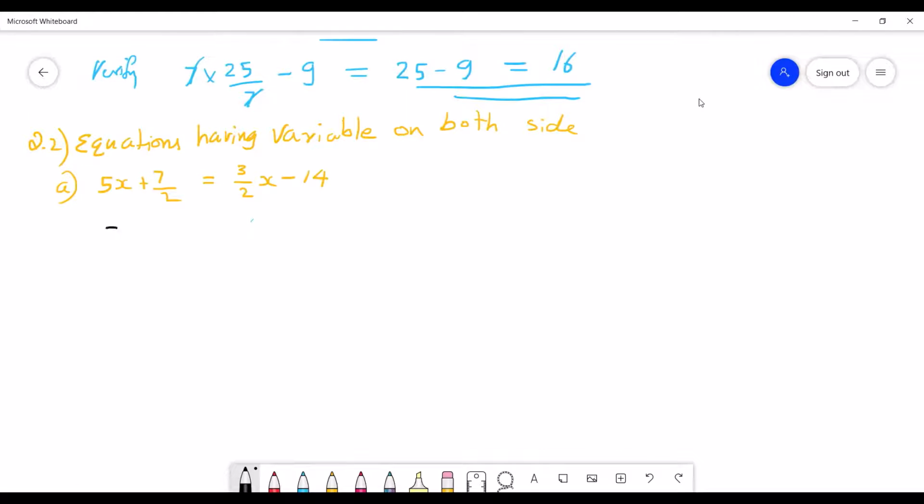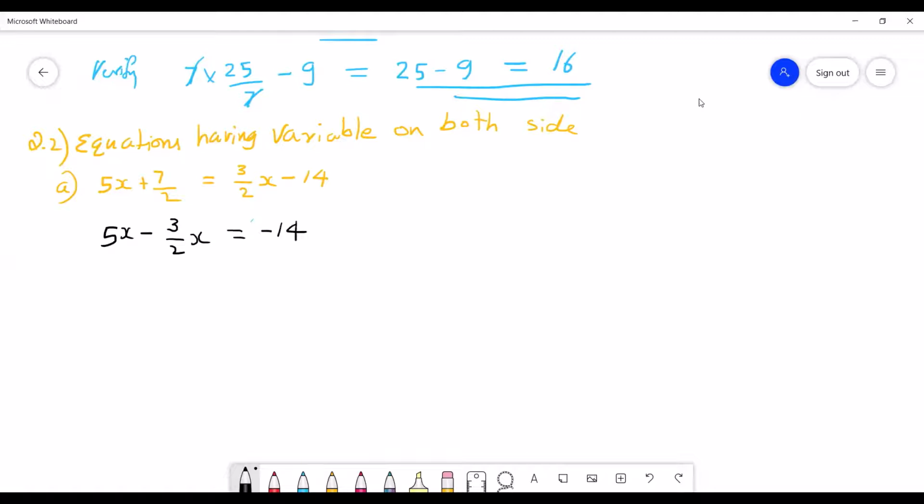So here we are having 5x, and in the right hand side we are having 3 by 2x. So 3 by 2x is plus here. When it comes to the left hand side, it will become minus 3 by 2x. Then in the right hand side we are having minus 14, let it be there itself.